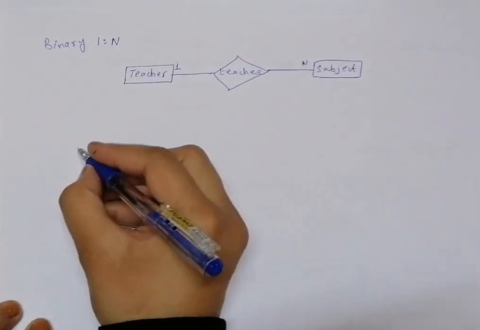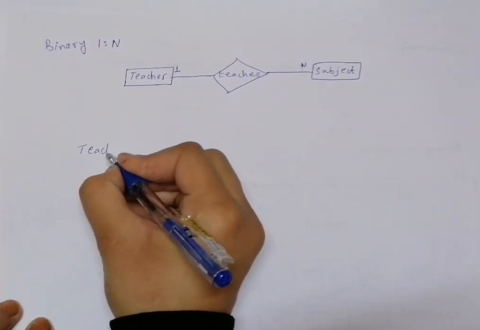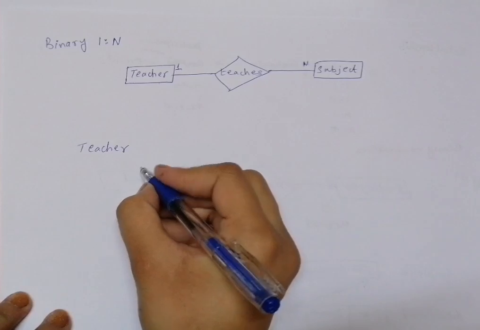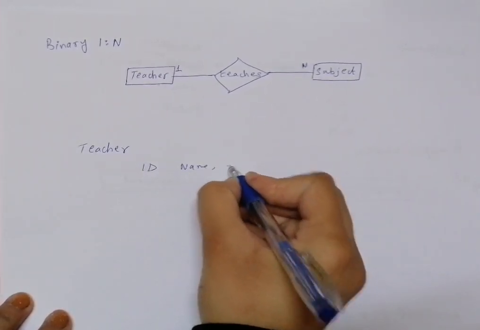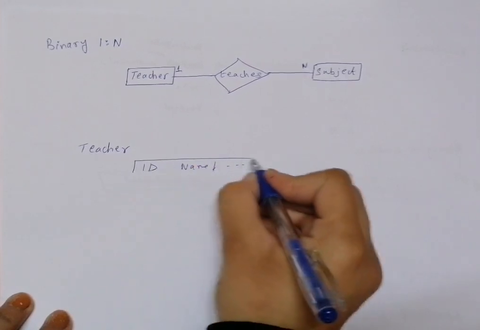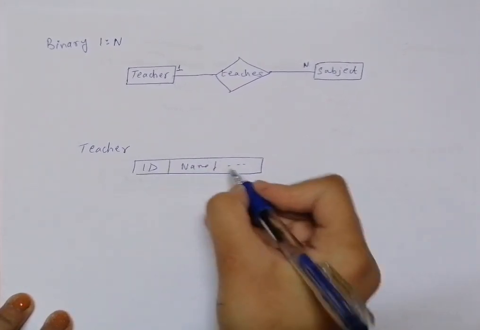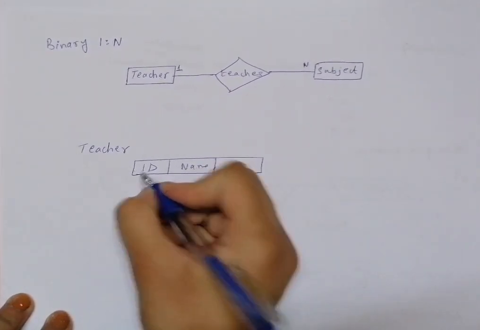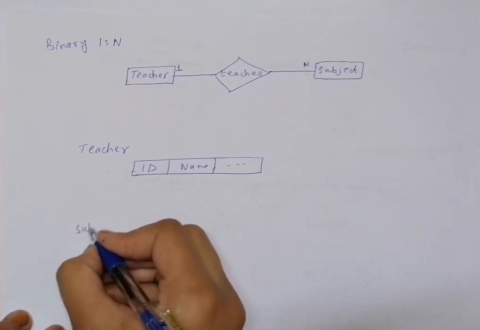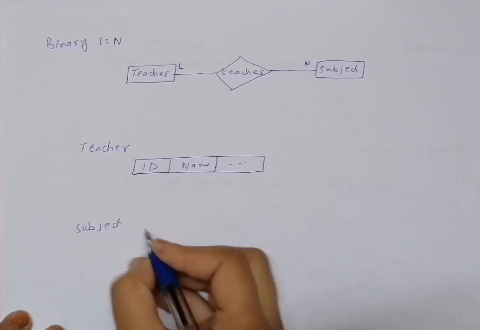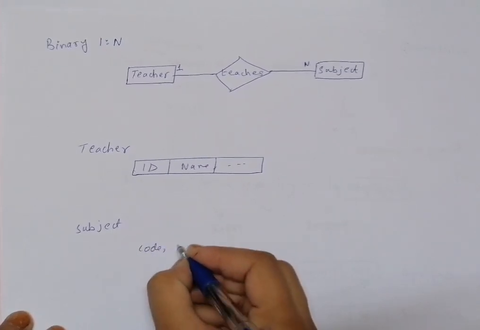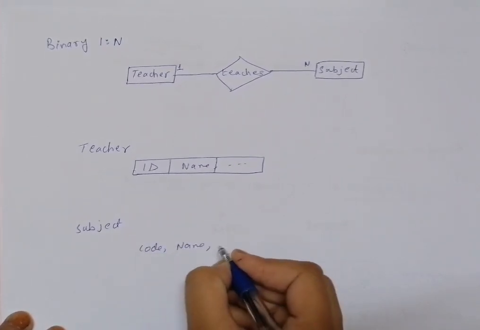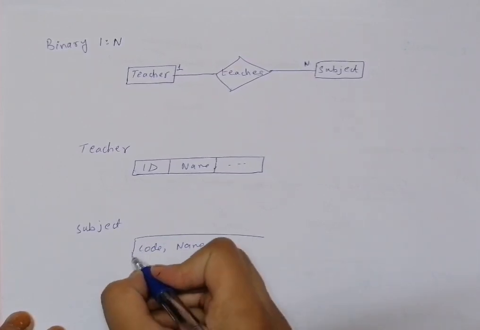So if I write it like this, let's say this is my teacher entity. Teacher has some id, some name, or some xyz parameters. Let's say this is my relation schema of teacher, and when I draw the schema of subject, let's say subject has its own subject code, maybe a name, and other attributes like this.